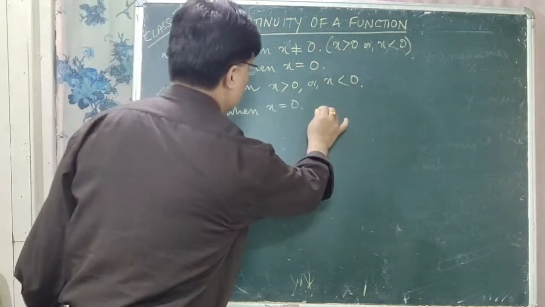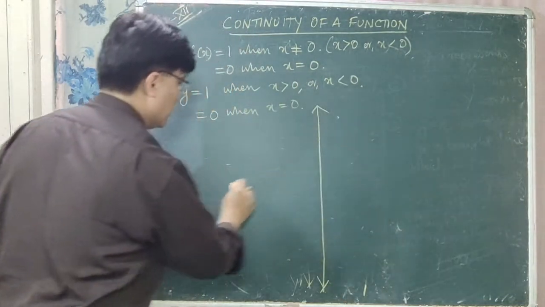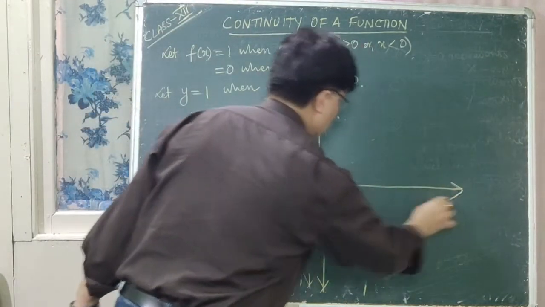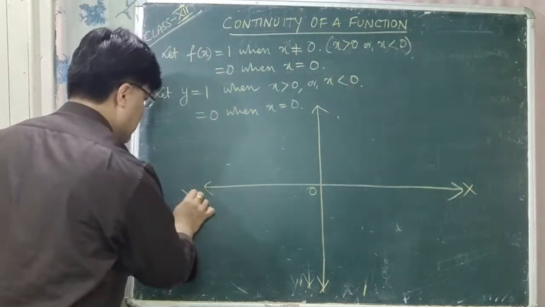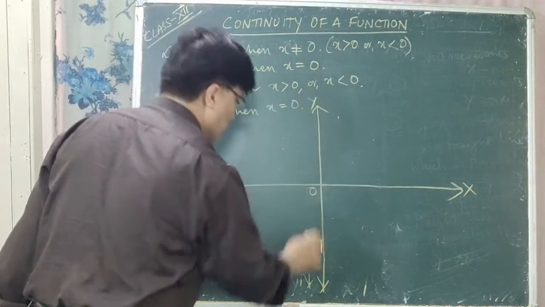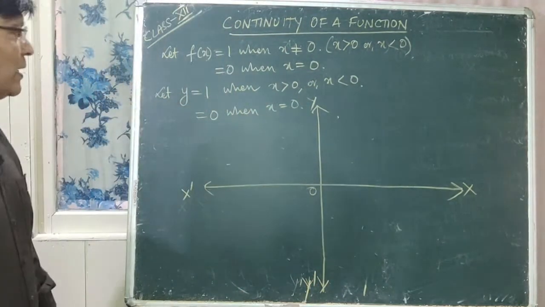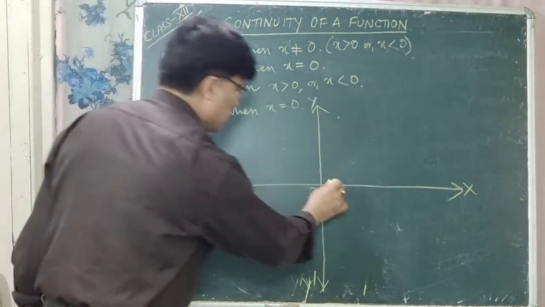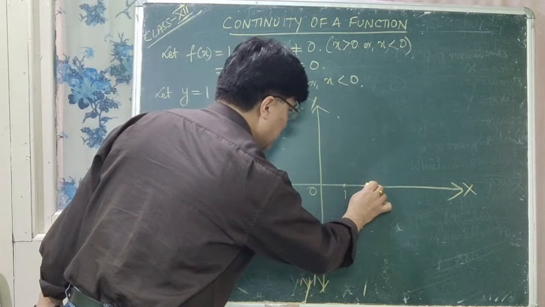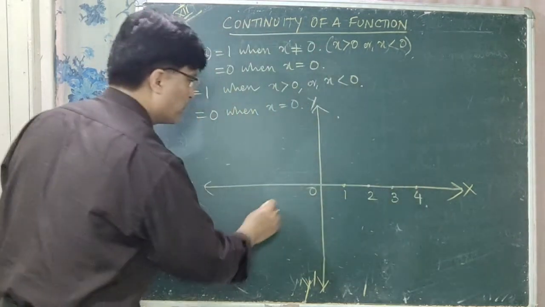Okay? So now this is your x, O, x dash. This is your y, O, y dash. Now let us draw the graph of this given function. Suppose this is 1, 2, this is 3 and this one is 4.